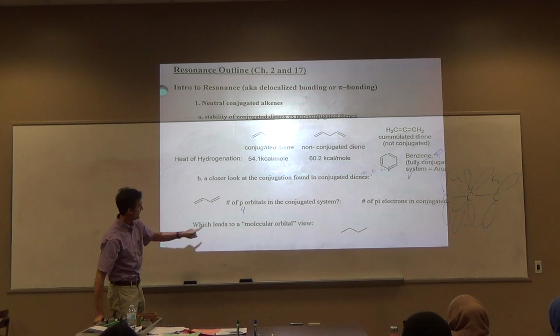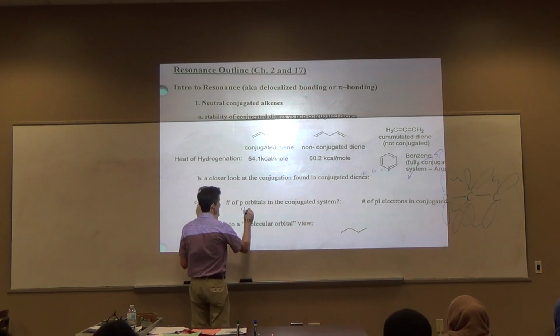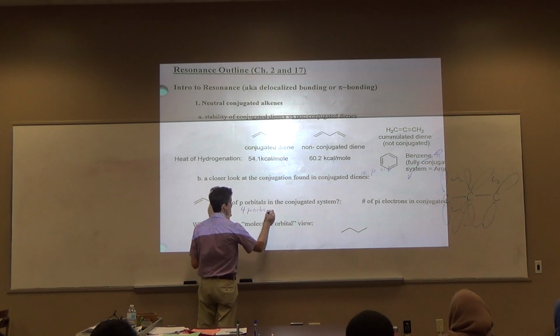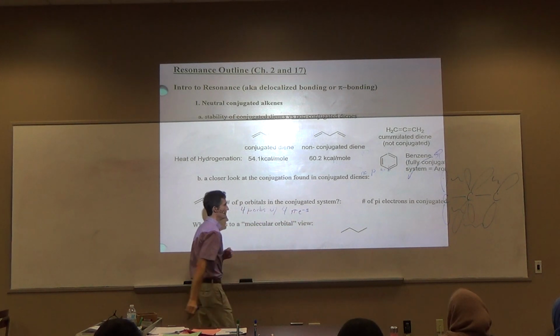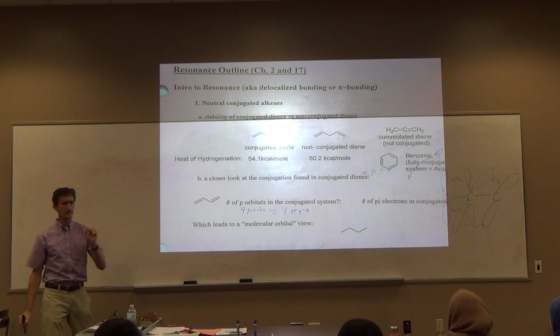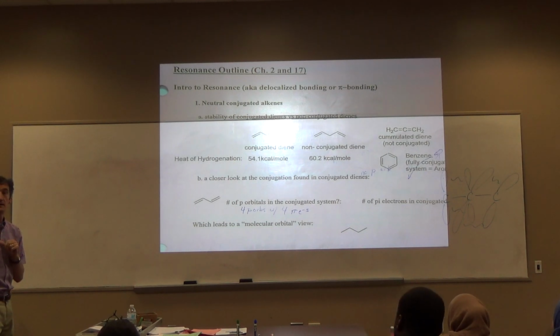How many pi electrons are in the conjugated system? Who said 8?